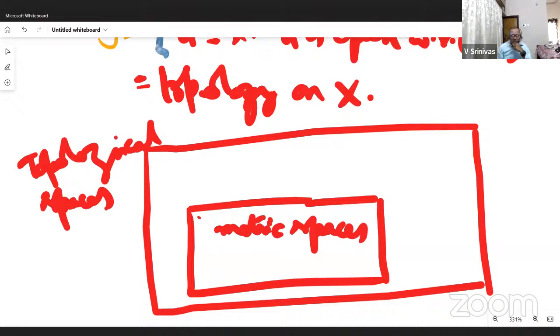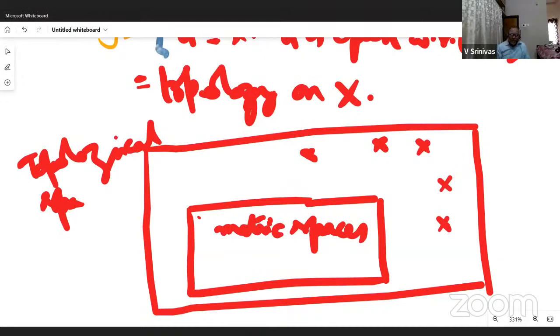Every metric space is a topological space, and there are certain topological spaces which are not metric spaces. If you have a topological space, and that topology is coming out of a metric, that topology is said to be metrizable.